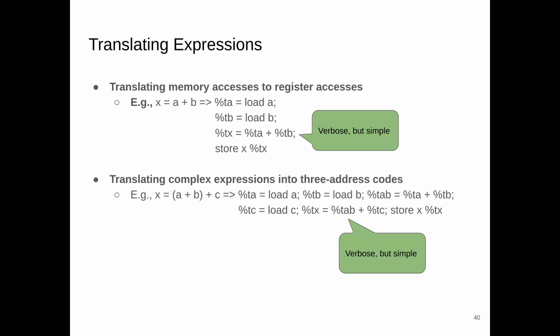It is still very verbose. It is translating a very short code into multiple lines of instructions, but as I said, it is simple. Every instruction is doing only one thing at a time. So that's the purpose of the IRgen: simplicity and correctness.